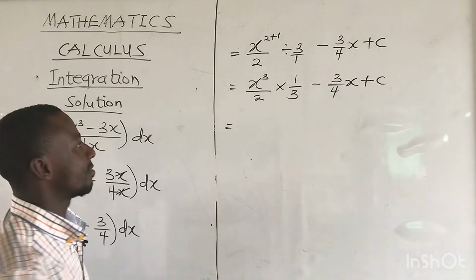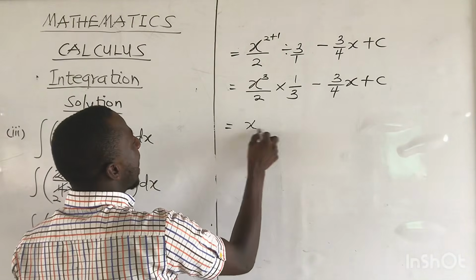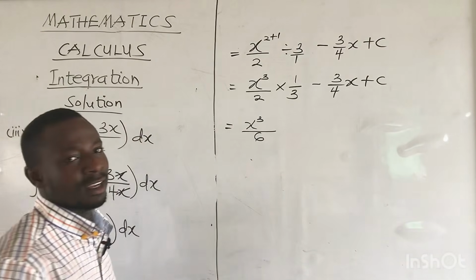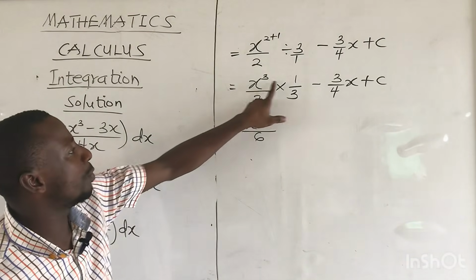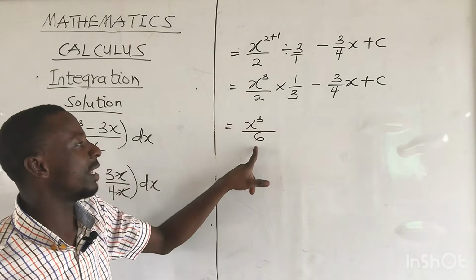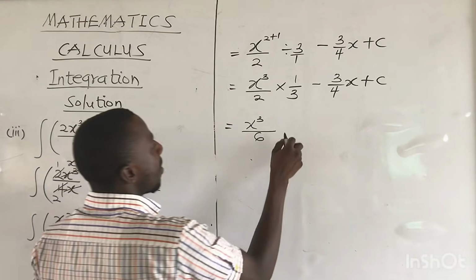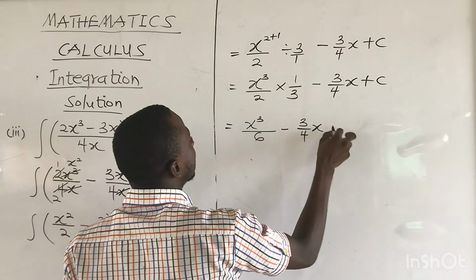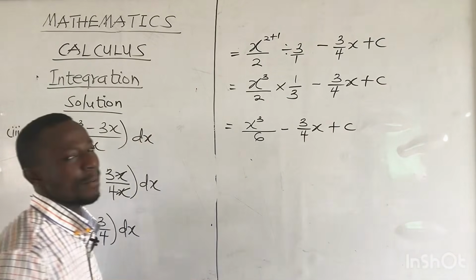So from here, we have x cubed over 6, because x cubed times 1, we have the same x cubed. 2 times 3, we have 6. Minus 3 over 4x plus c.